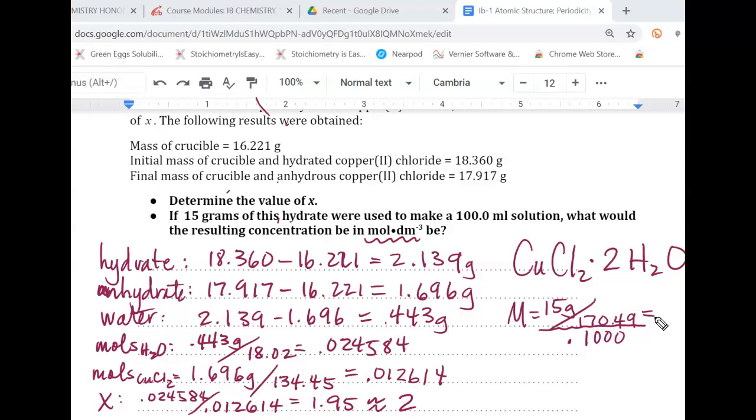So the overall calculation, 15 divided by 170.49 divided by 0.1, gives me 0.87. Actually, we're going to round to 2 significant figures because 15 was 2 significant figures, and that is the molarity of the solution. So you had 2 answers here.